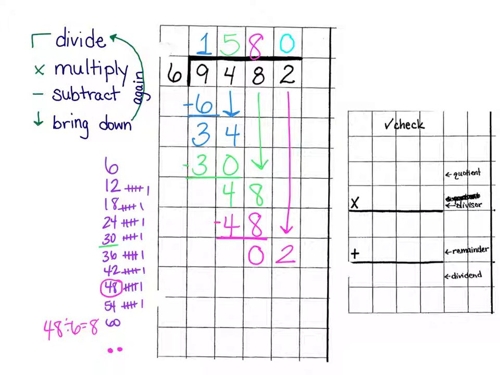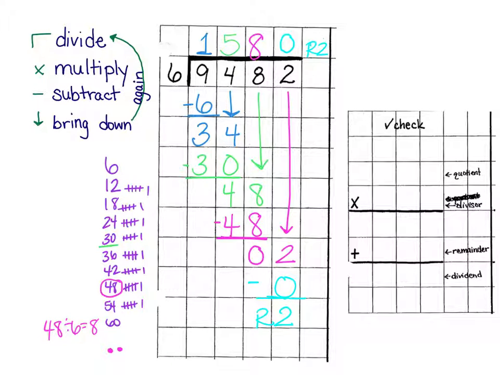Now we need to multiply. 0 times 6 is 0. Then we subtract. 2 minus 0 is 2. And we cannot bring down any more. So we have a remainder of 2. Remainder 2. Now let's check our work.